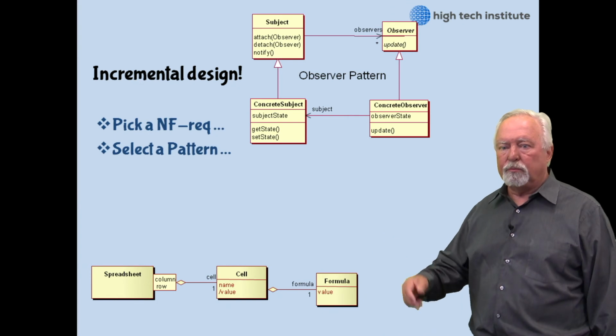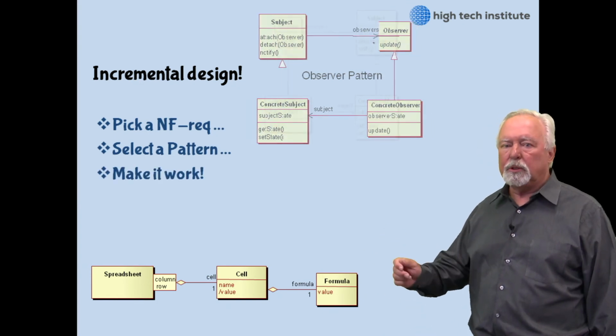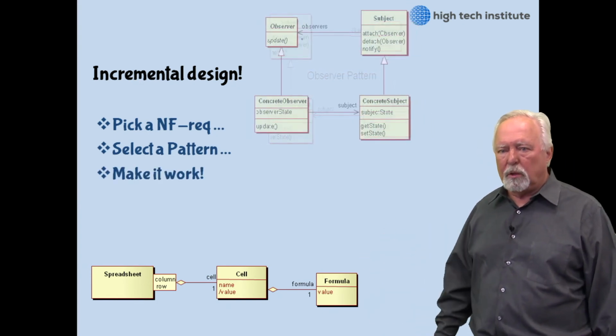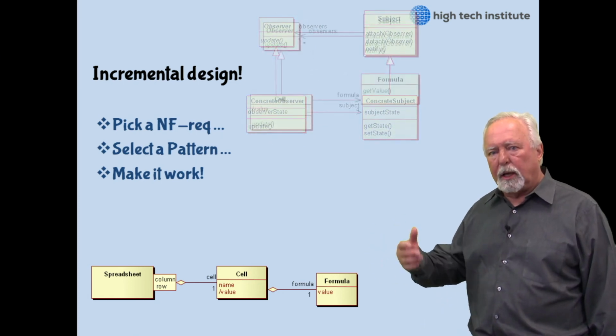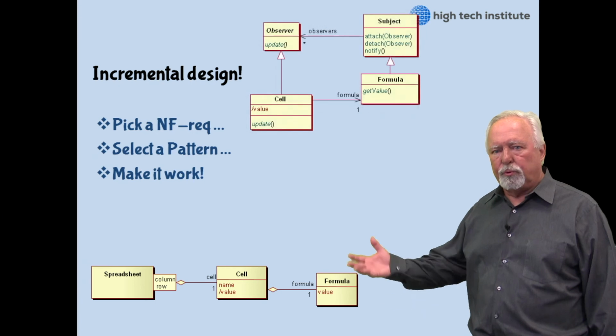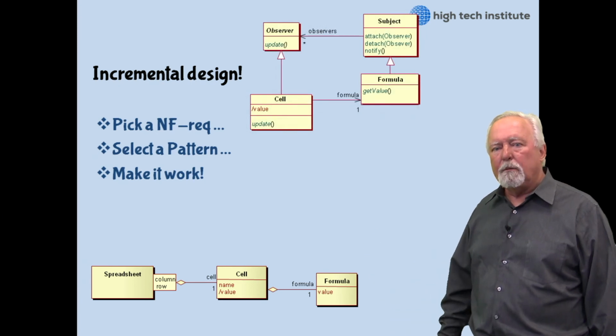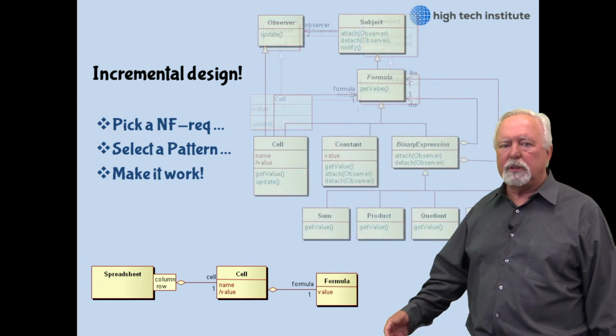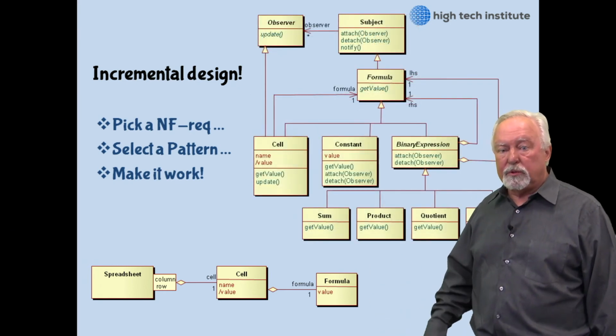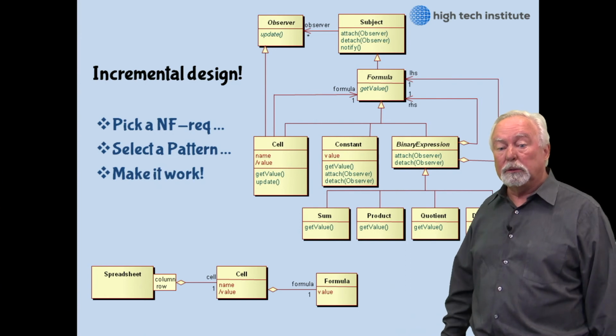If a cell in a formula changes, another cell will observe that change. And you integrate that again so that you get a full design. Of course, there are many more things that you need to do to get a real system, but this illustrates very nicely how this can work.